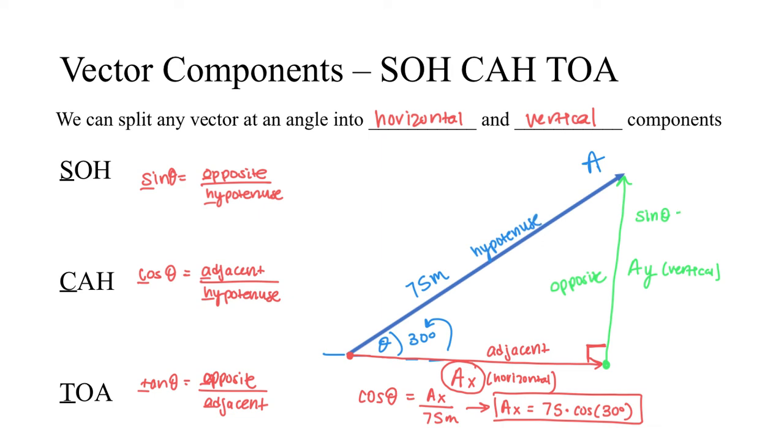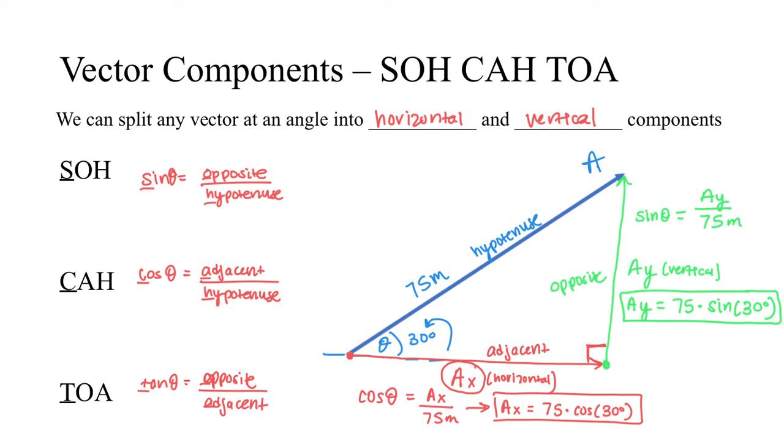So sine of theta would be the opposite side. That would be my A sub y over my hypotenuse, 75 meters in this case. That's just what I'm given. And that would mean that if I were to multiply by 75 on both sides, A sub y would be equal to 75 times sine of 30 degrees. And that would be my y component in this problem.